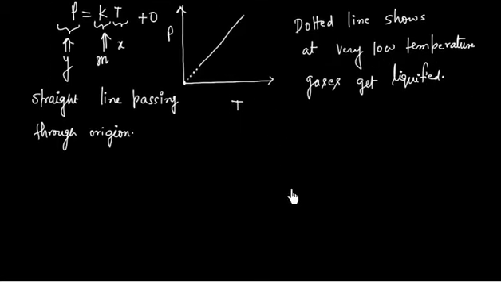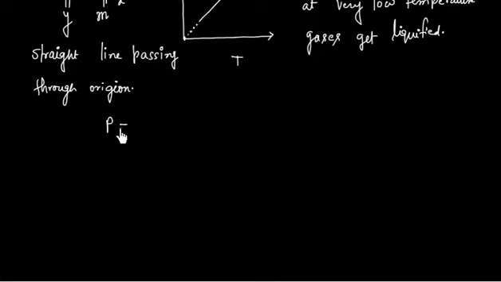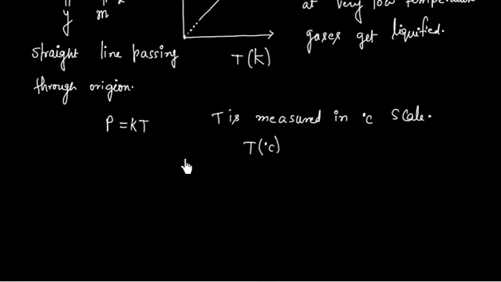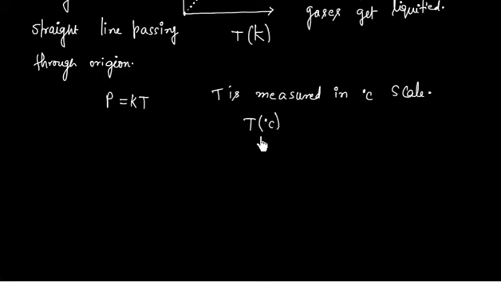Now let us plot the pressure versus temperature graph, but now with temperature measured in centigrade. So this time, earlier, temperature was measured on the Kelvin scale. Now let us say temperature is measured in degrees centigrade, that is T. So first we have to convert this temperature to the absolute scale.